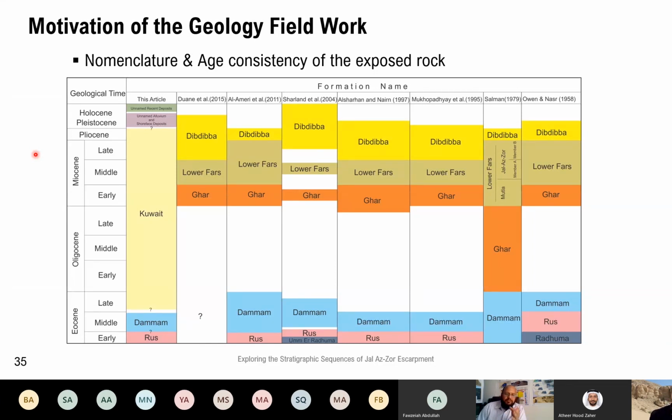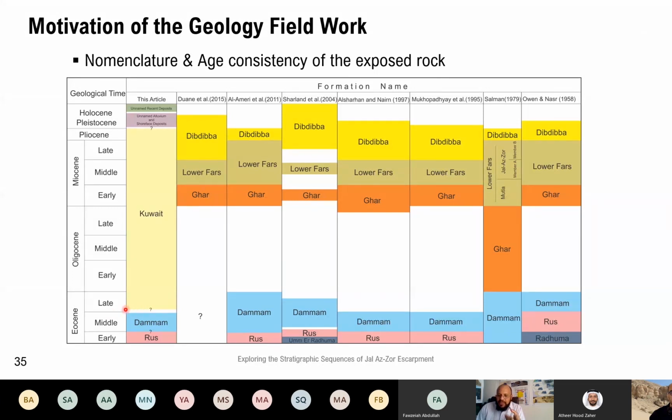From the data we have from surface combined with well data in the subsurface, we have identified that the Kuwait Formation, previously known as Kuwait Group, extends all the way to the late Eocene. So we have evidence that the formation extends to the late Eocene.